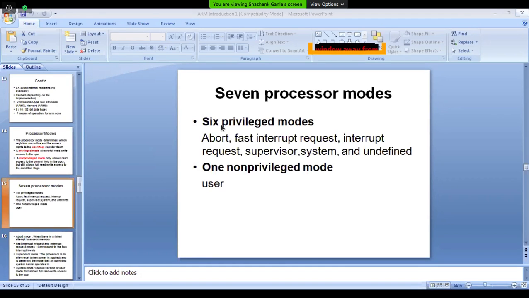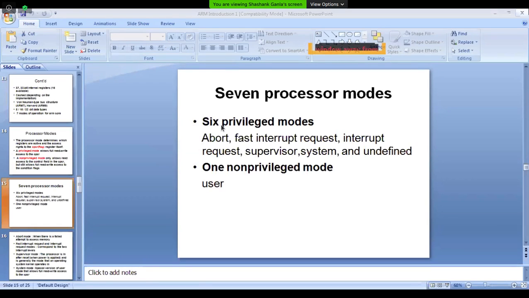Such an error is indicated by the ARM processor core switching from, let us say, user mode to undefined mode of operation.